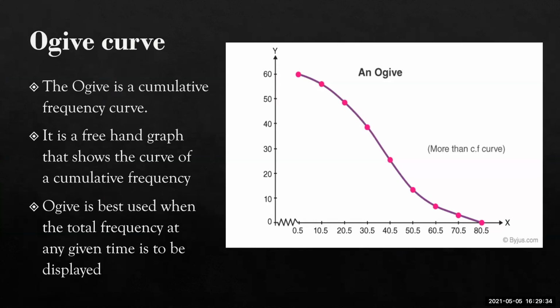Ogive curve. An ogive curve is a cumulative frequency curve. It is a freehand graph that shows the curve of a frequency. An ogive is best used when the total frequency is to be displayed at any given time.